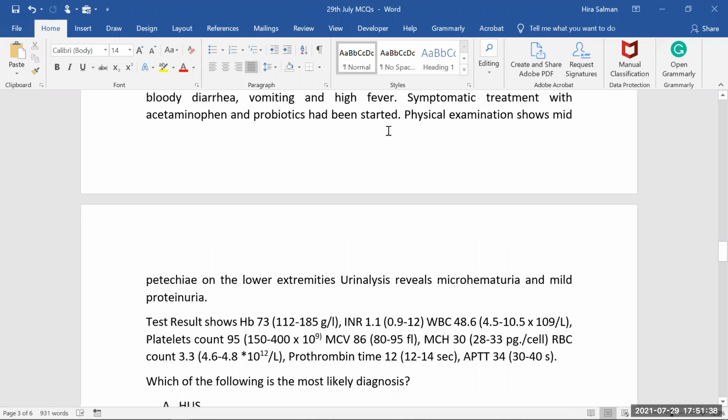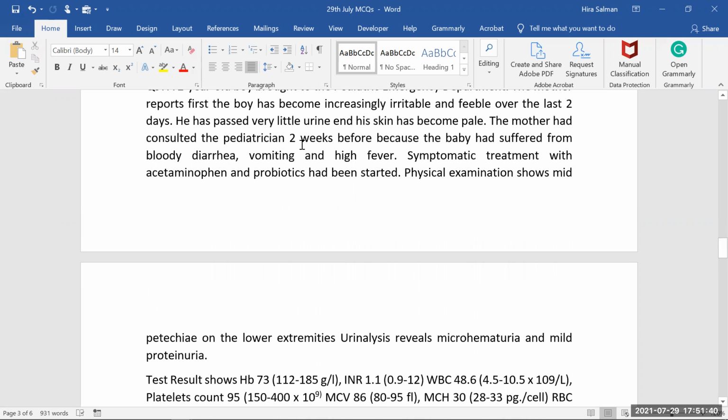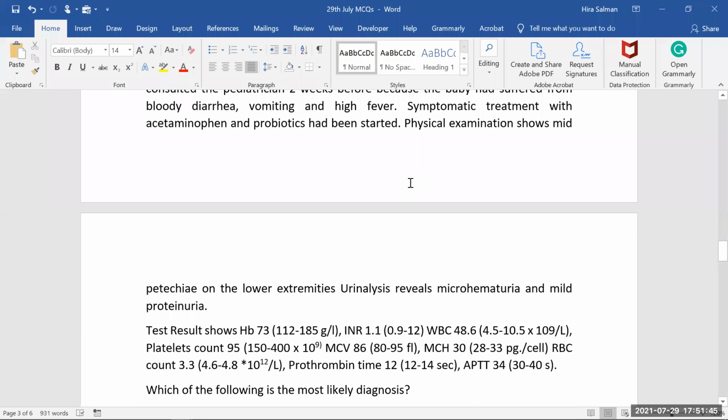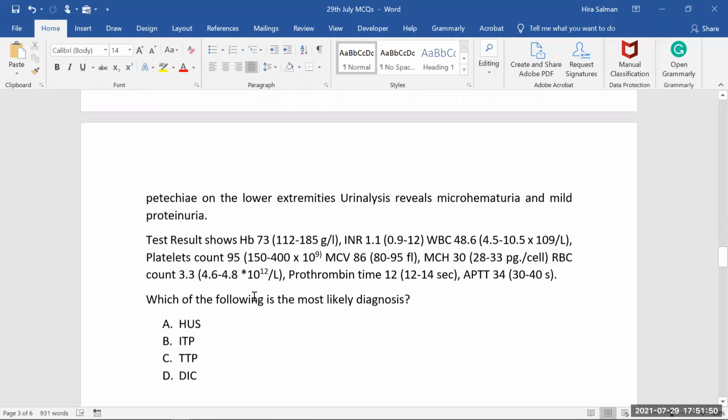Once you have seen the Shigella infection prior, like this one mentioned here, once the infectious history is there, always think about hemolytic uremic syndrome, not TTP. The presentation is almost similar, but if there is a documented Shigella infection or something like that in the question, always think about hemolytic uremic syndrome.